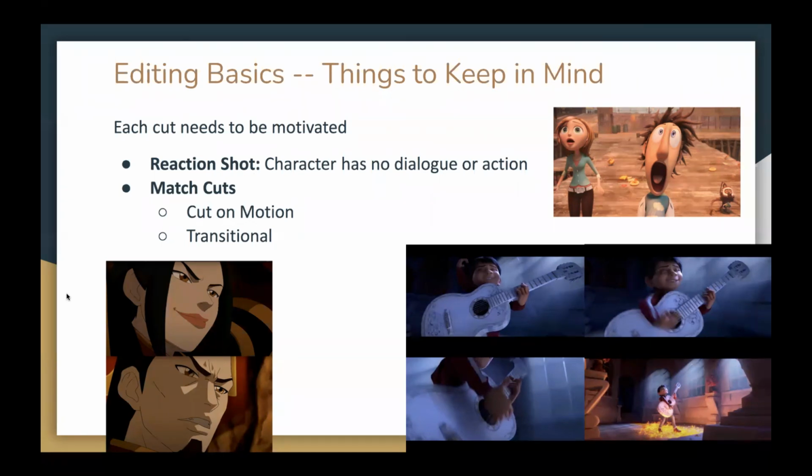She's got this very specific framing, specific angle, and right underneath, it cuts to a different shot, different location, different subject, different everything, but it's that exact same framing. What it does is imply that their mentality is the same. So with these match cuts, both the cut on motion and transitional, the thing to keep in mind is that they're making sure that they're the same. Whatever is happening, it's the same.